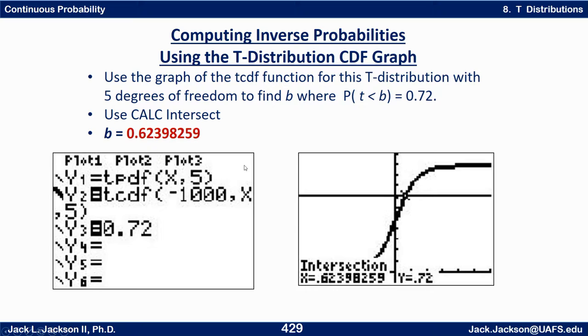Now, if you do not find the inverse T on your calculator, as with some of the older TI-83s, maybe even some of the older 84s, but I think the newer ones, maybe all the 84s, have an inverse T. If that's the case, this is how you're going to work it out.